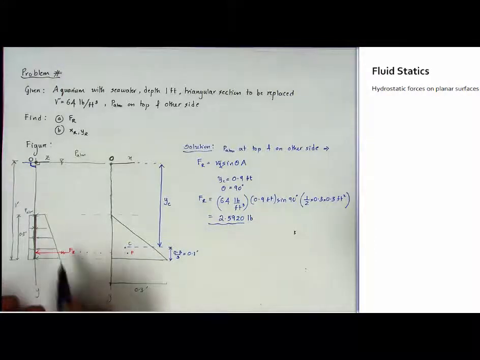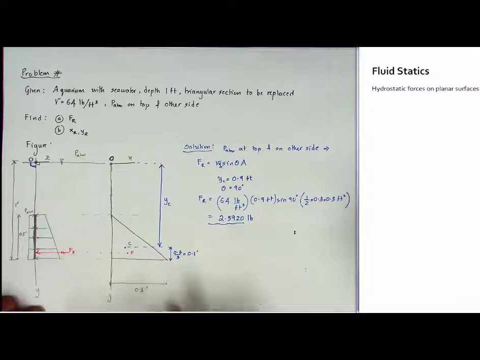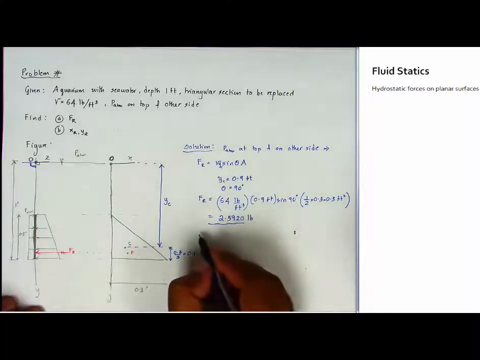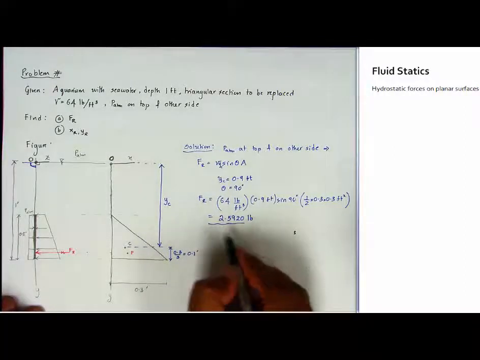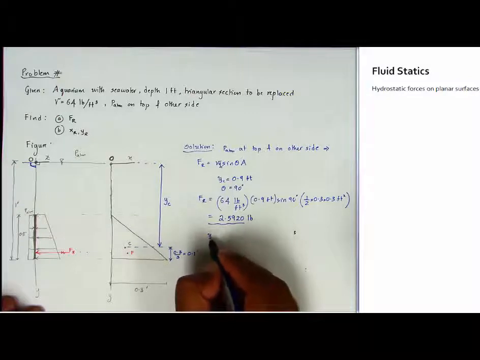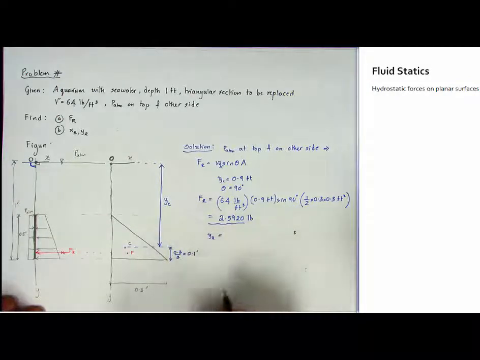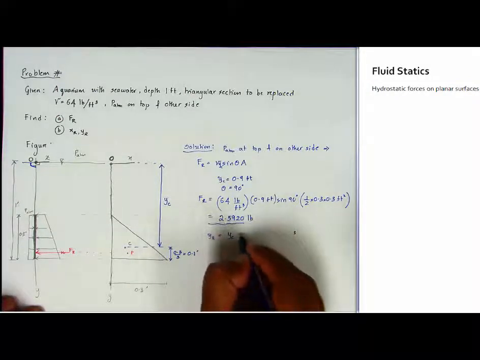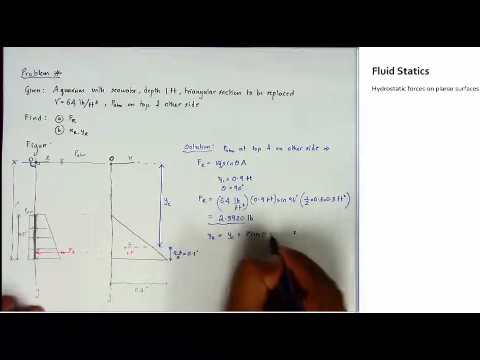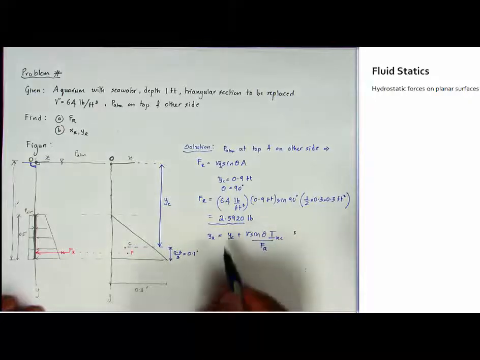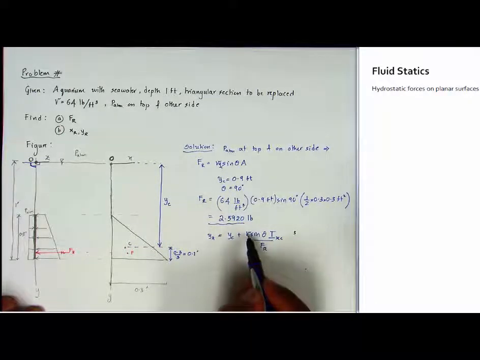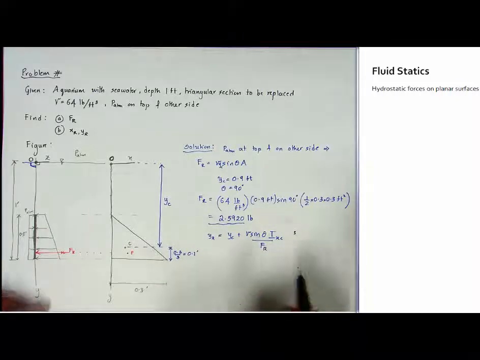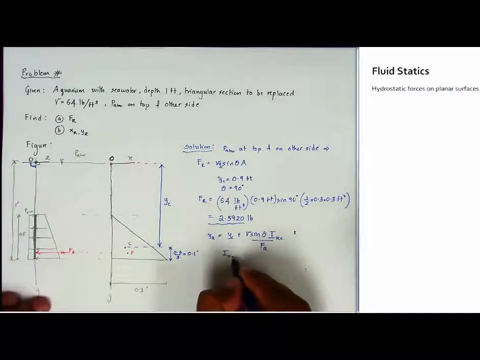We need to find out where it acts. It acts at P. So to calculate YR and XR, the equations are YR is YC plus gamma sine theta IXC by FR. I know YC already. I know gamma sine theta. I need to find the IXC. I already know FR. What is IXC for a triangle?